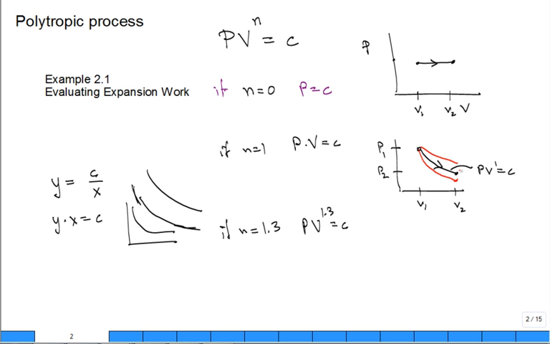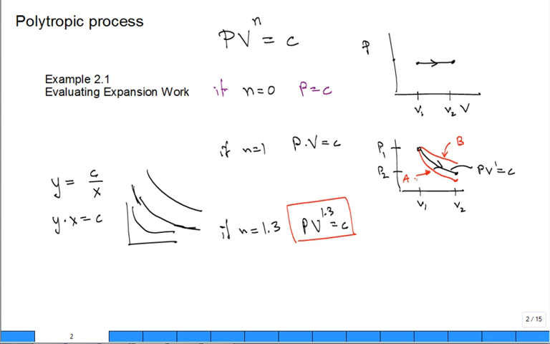Would PV to the 1.3 look closer to answer A or closer to answer B? And we start. We change that coefficient n from 1 to 1.3. What does the line do? Does it go down further or go up a little bit? Answer A or answer B?